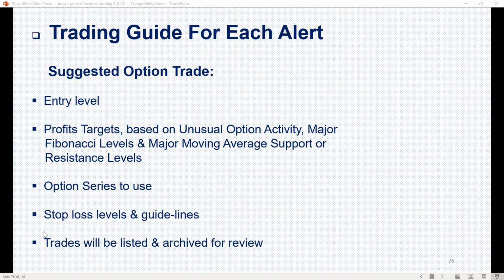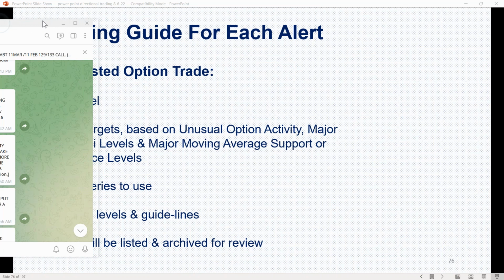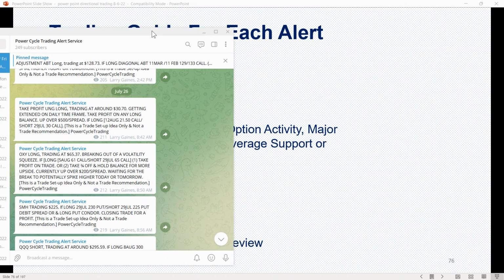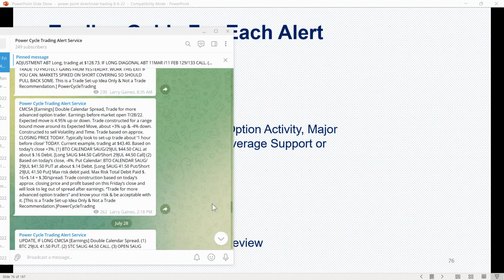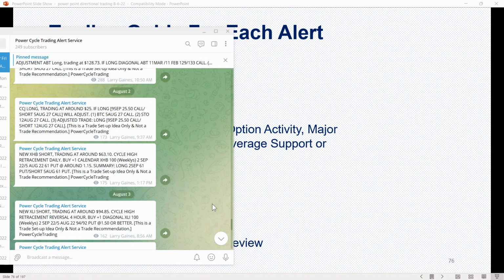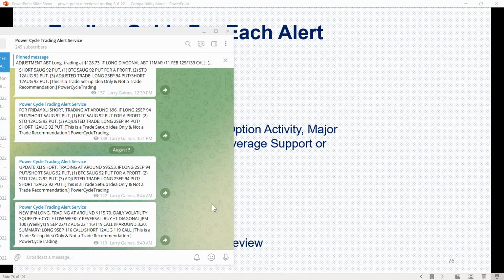Here's a look real quick at the one that was sent out on JP Morgan on Friday. I use a service called Telegram, and it is super fast. You will get this within seconds of when I send it out. So this is what it looks like. And you can see here, it says new JP Morgan long trading around 115.70.